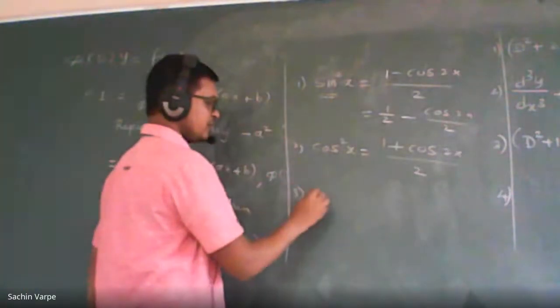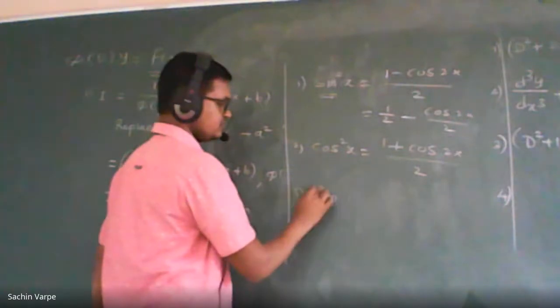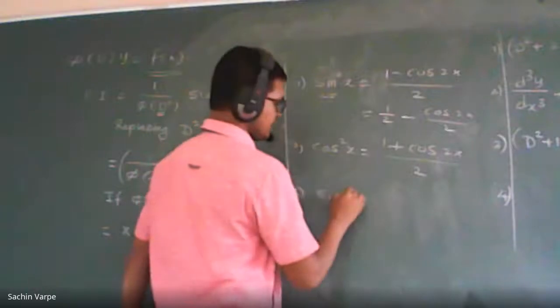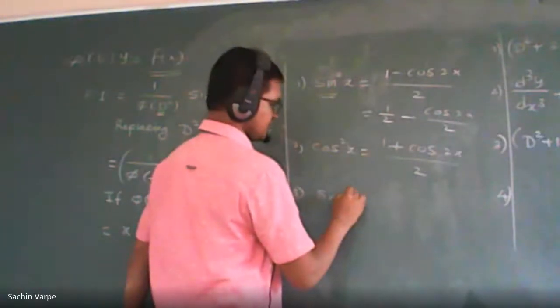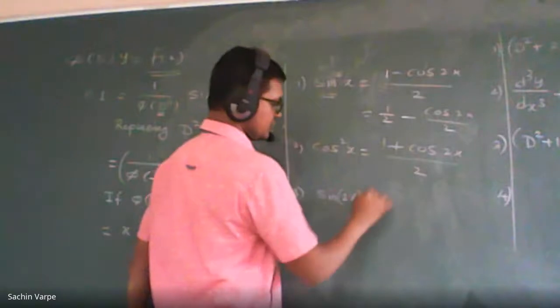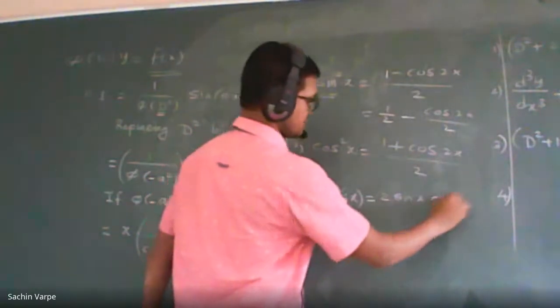One more formula we are having, sine 2x. Sine 2x is equal to what? 2 sine x cos x.